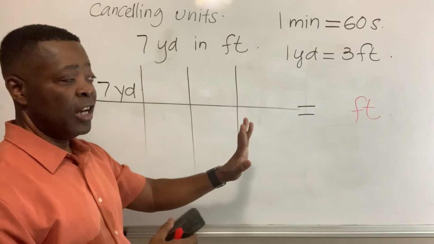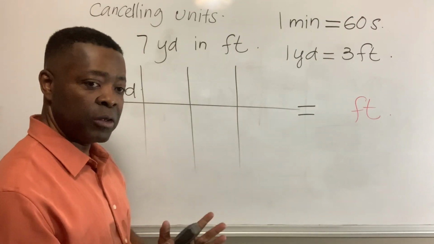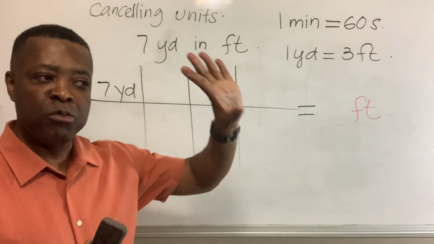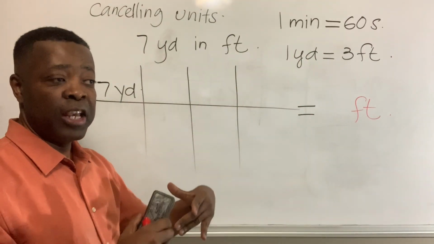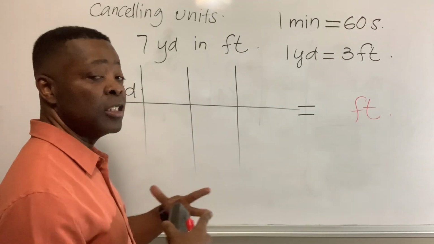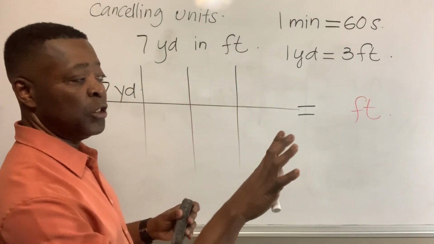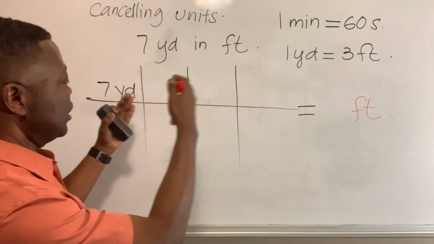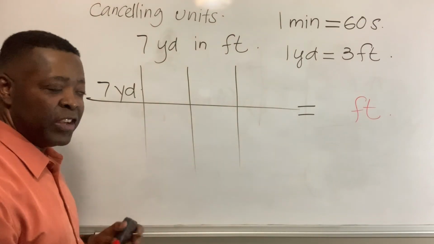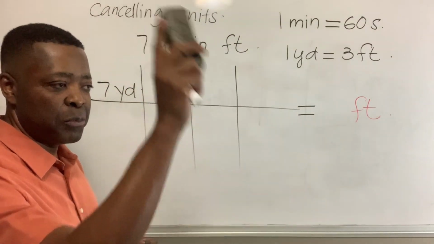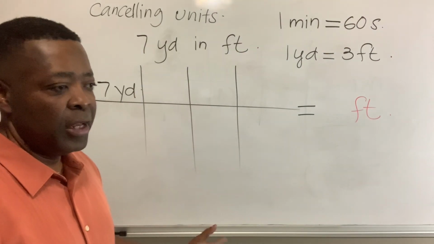From this, I form a ratio, a kind of fraction where the numerator and the denominator have the same value, even though they are not in the same unit. And this ratio, which is 1, I take it and I multiply whatever is given by this 1, and I cancel the unit that appears both on top and at the bottom, and voila.